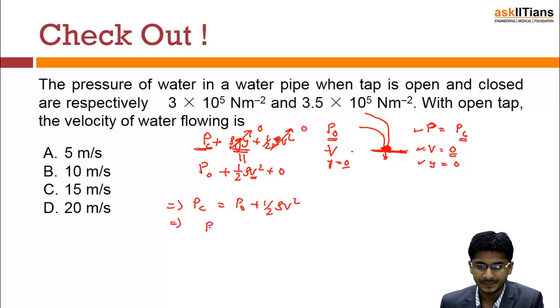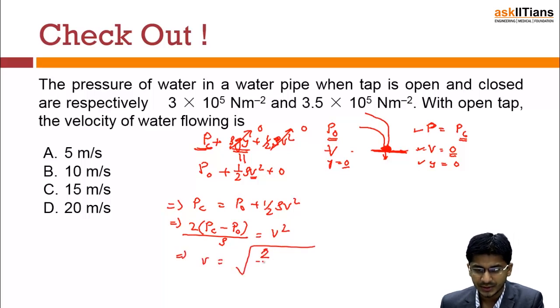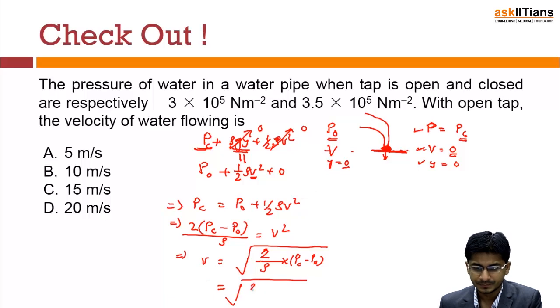That means we have Pc minus P naught, into 2 by rho, is v square. That will give you the velocity is root of 2 by rho times Pc minus P naught. Now putting the values that have been given to us, 2 by rho. Since this is water, the density of water is 1000 in SI units.